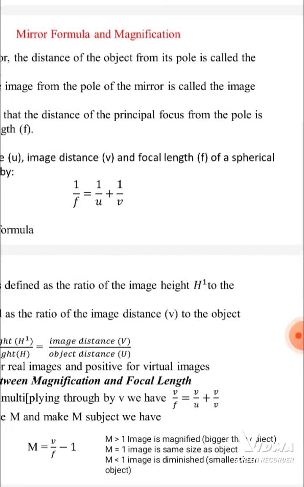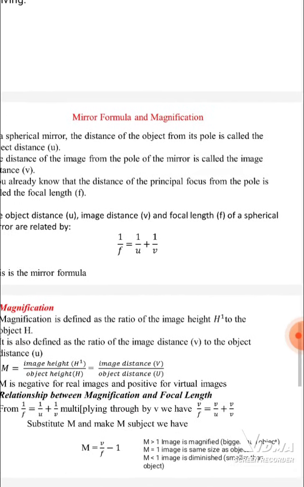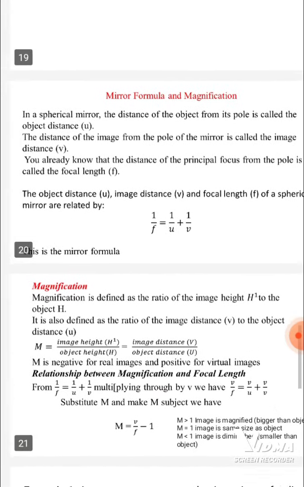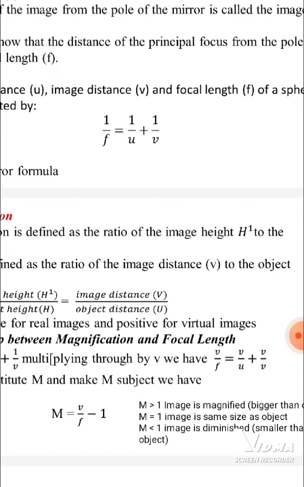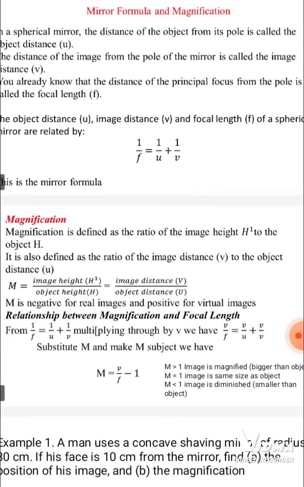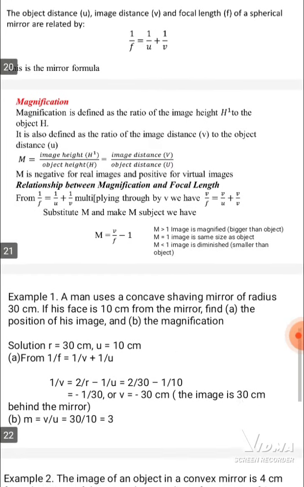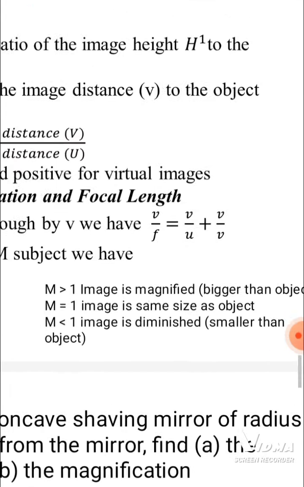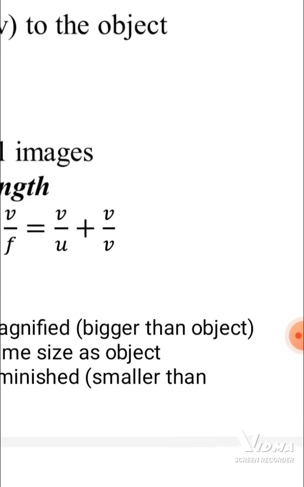But there is something that we can bring out from the formula. Our mirror formula is 1 over F equals 1 over U plus 1 over V. Now, if we multiply both sides of this formula by V, then we get V over F equals V over U plus V over V. V over V gives you 1.